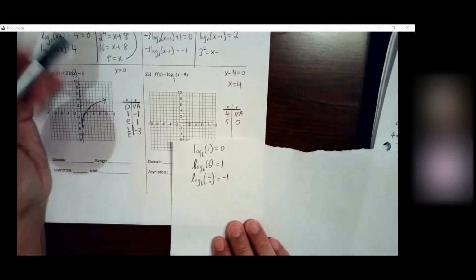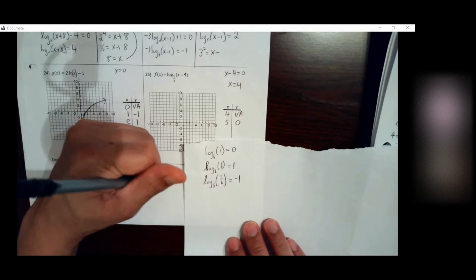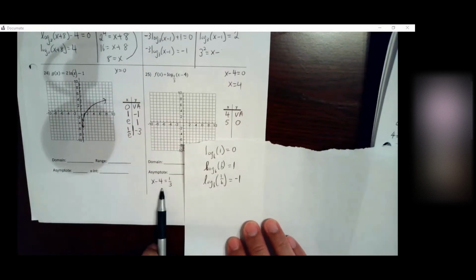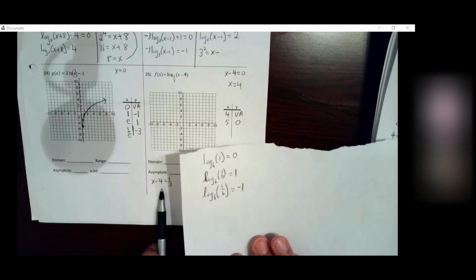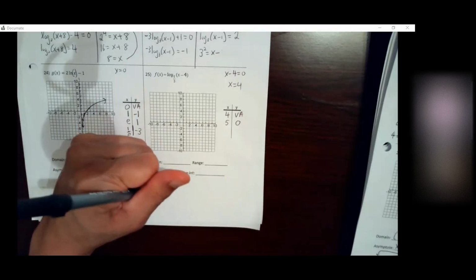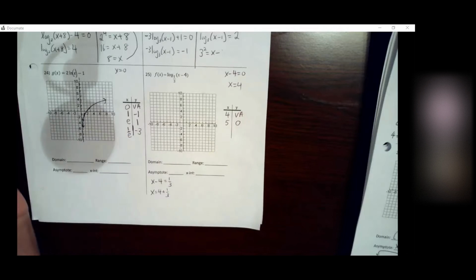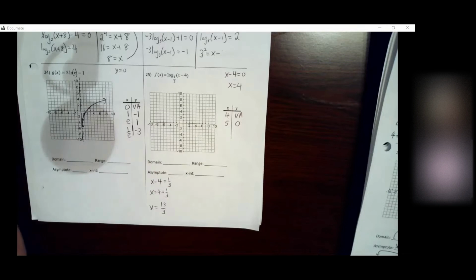And for inside the parentheses to be 1/3, x is going to have to be, let's see, 4 1/3, which is 13/3.